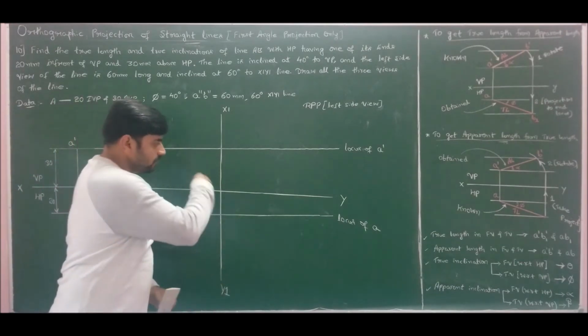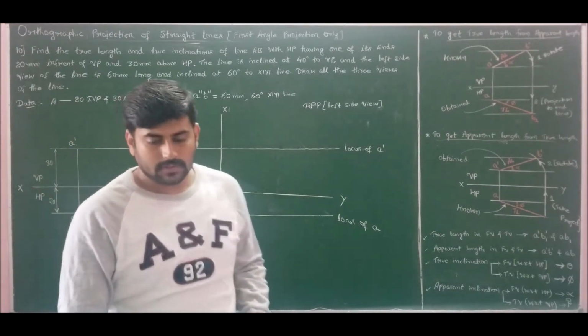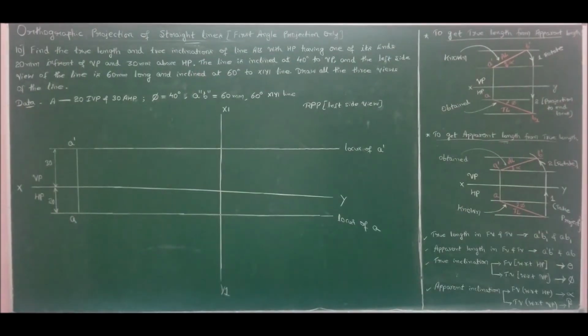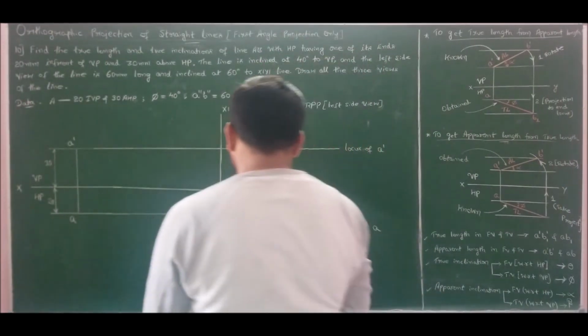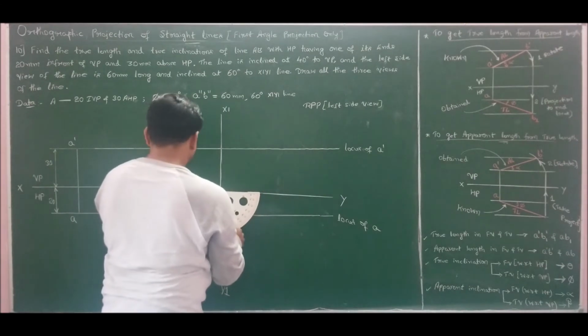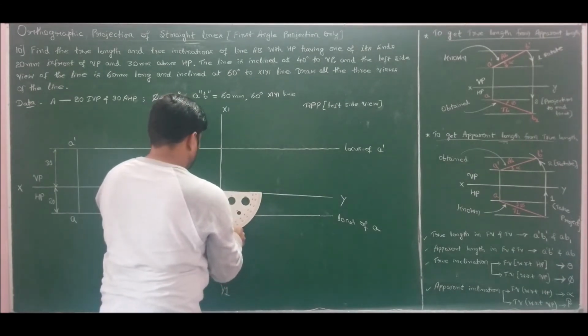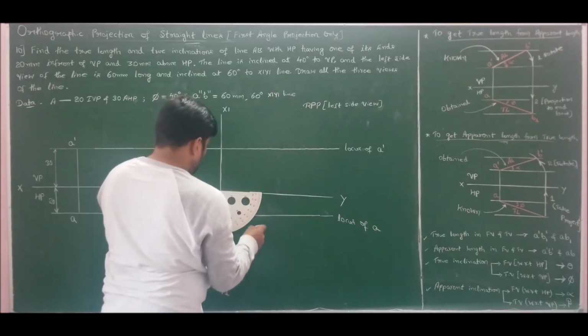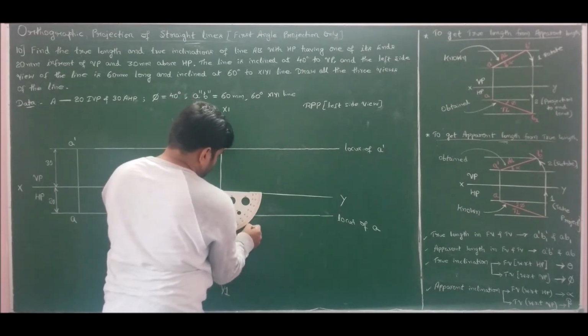Let us have the 45 degree line first. The 45 degree line should be drawn at the intersection of xy and x1y1 to extract the side view.